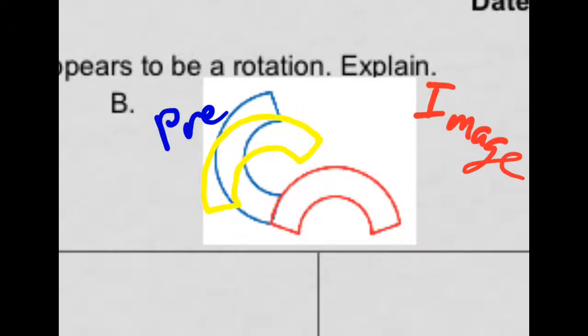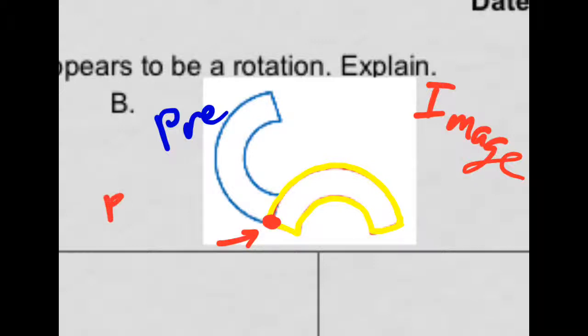Well, we rotate it. We're actually rotating around a point right around here. We would consider that our point of rotation.